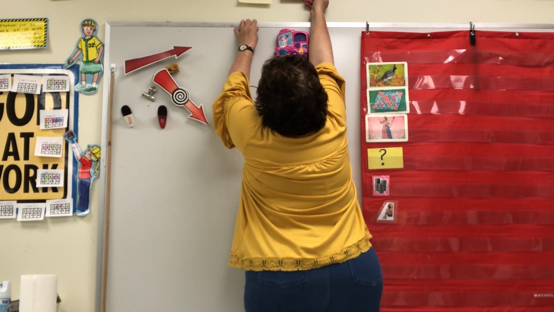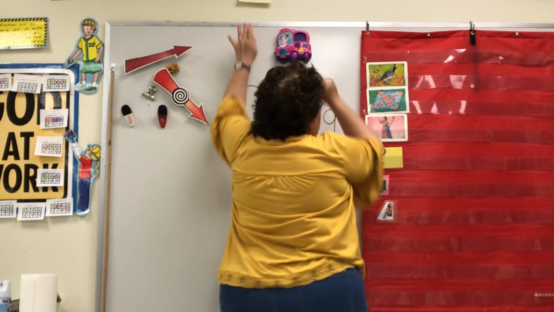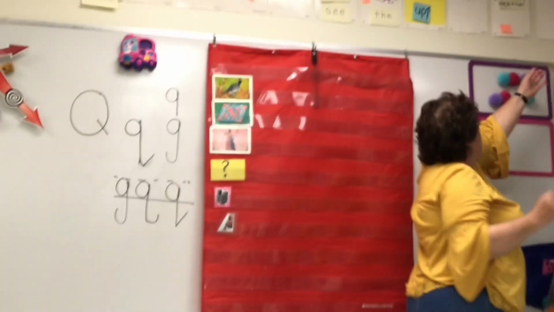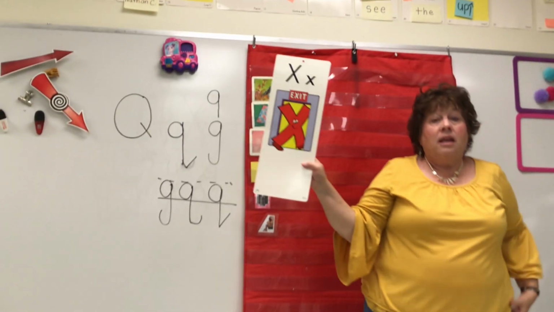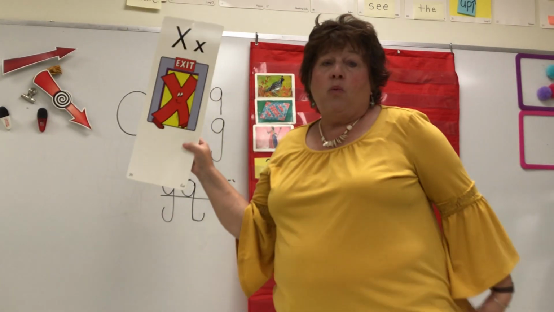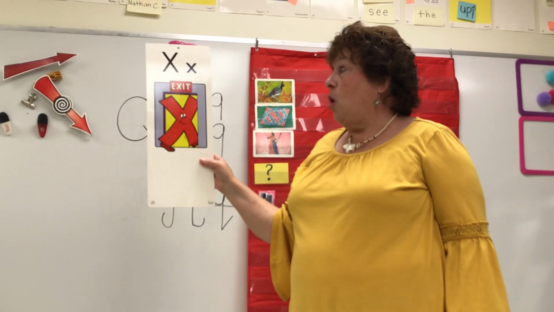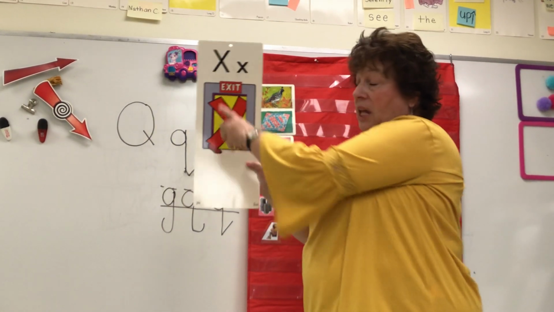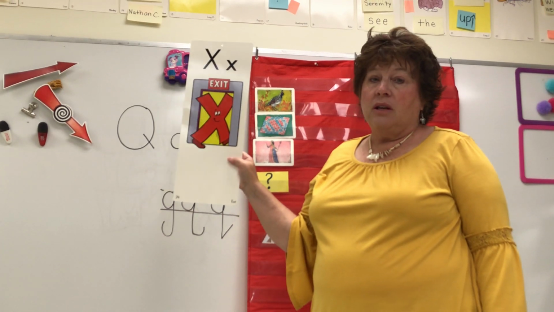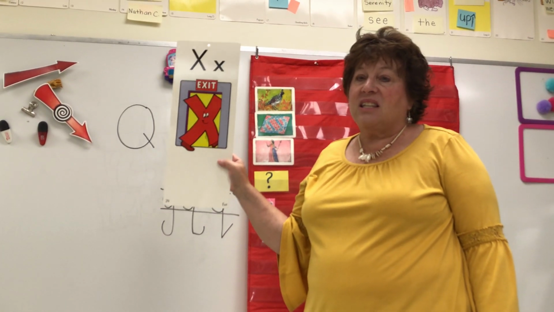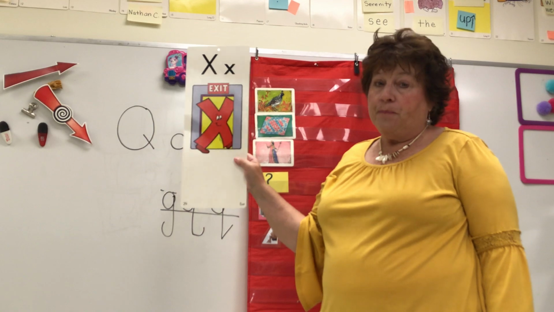And we never did X. And X is never at the beginning of a word, hardly. It's almost always at the end or in the middle, like exit. And it makes the X sound, like fox, box, exit.